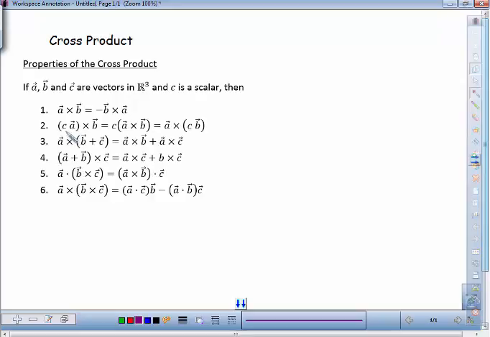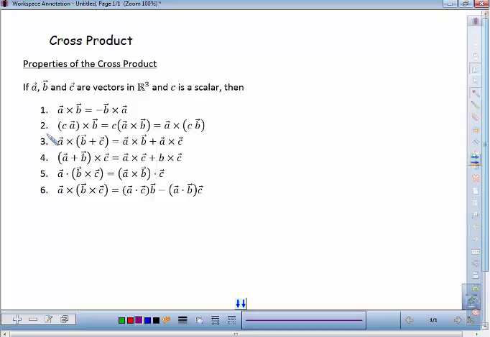So this is a scalar C times A. It turns out that you could take that scalar and either multiply the first vector with it or the second vector with it, or multiply the resulting vector product after you take the cross product by C. So that's an interesting way to think about the scalar multiplication within the cross product.